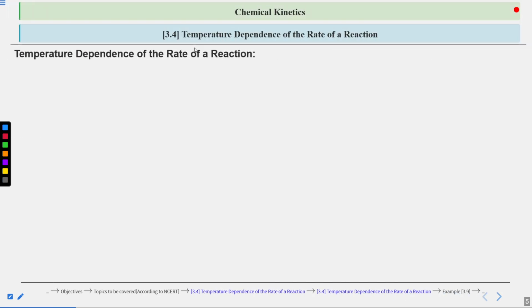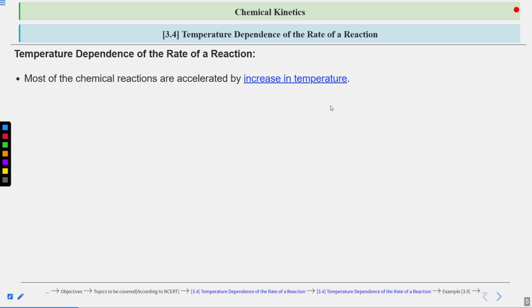So first, our topic is 3.4, temperature dependence of the rate of a reaction. Most chemical reactions are accelerated by an increase in temperature. If you know the basics of chemical reactions, any chemical reaction has particular conditions in which it proceeds. What if you increase the temperature?